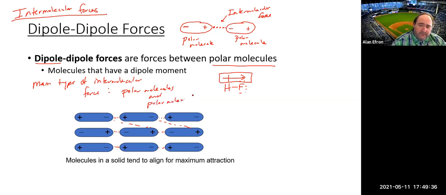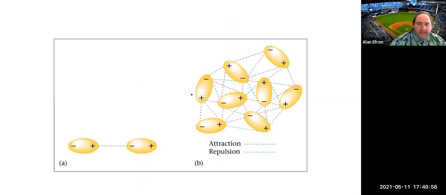Now, mind you, this could be two of the same polar molecules, or two different polar molecules interacting like this. This is basically the main force that they will use. And that's what we see here in this picture.